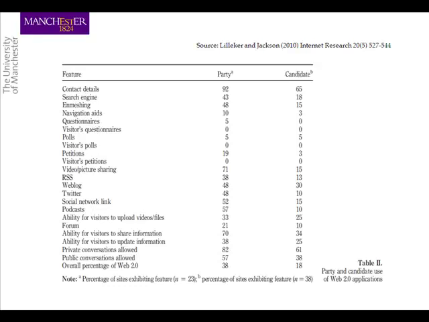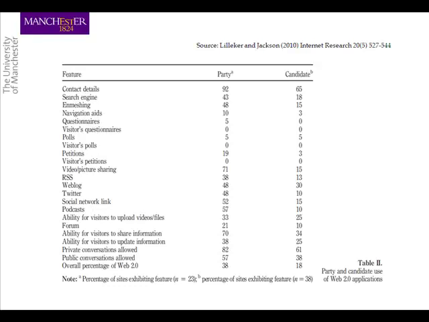This is where they've really tried to go in and said, okay, Web 1, been and done; what we need to do is measure parties' use of Web 2. This was in the general election of 2010. They've got basically a binary measure of what the individual party sites had.